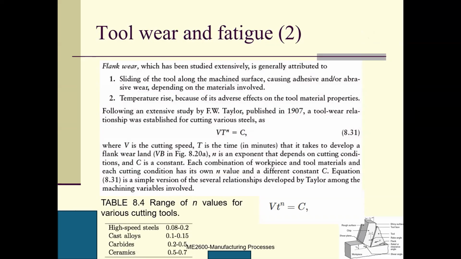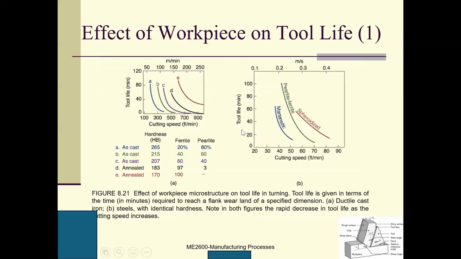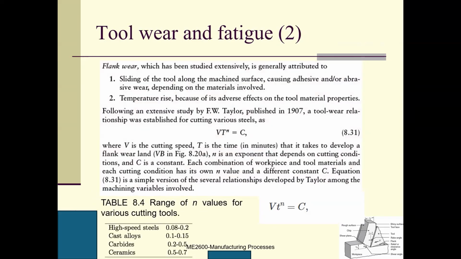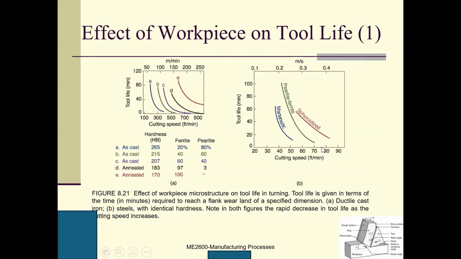I'm going to show you the modified equation. We are going to use it to solve problems this Friday. Before I talk about the modified Taylor's equation, we call this the Taylor equation, or Taylor method, or Taylor curve, right?